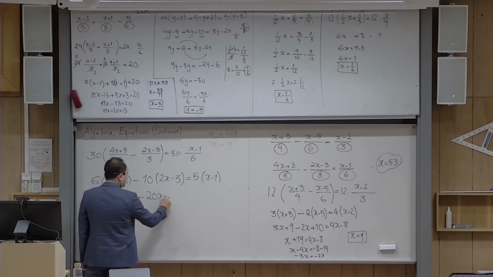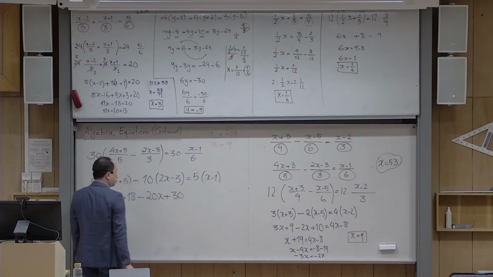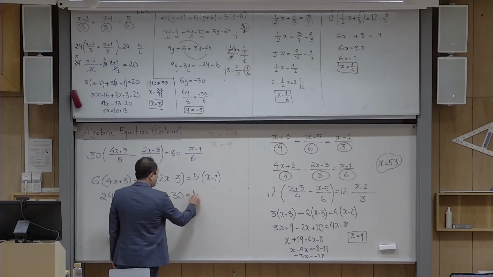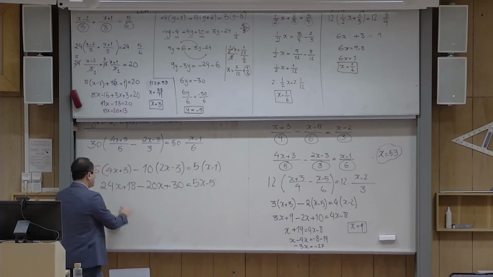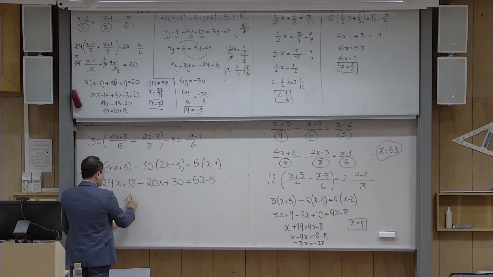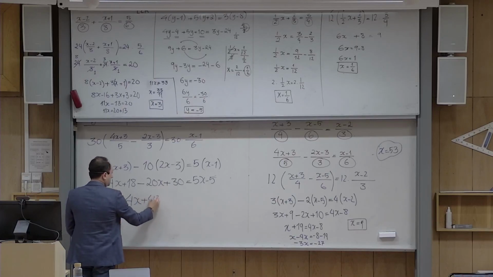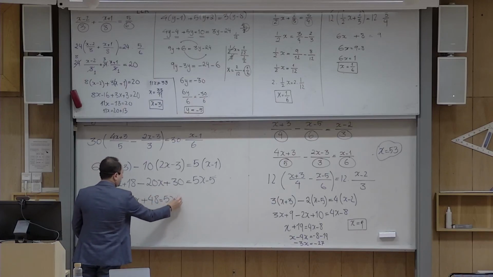Plus 30. Make sure that you don't get confused with the minus signs. And on the right-hand side you have 5x minus 5. Do some simplifications. So it is 4x plus 48 equals 5x minus 5.